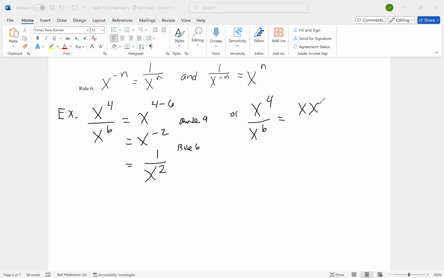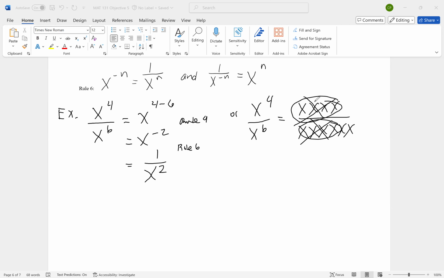If we have 4 x's in the top and 6 in the bottom, the most that we can get rid of from the top and the bottom would be 4, right? 4 x's over 4 x's is going to be 1, and we would be left with what?